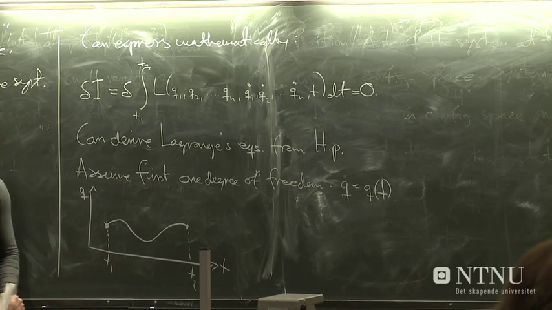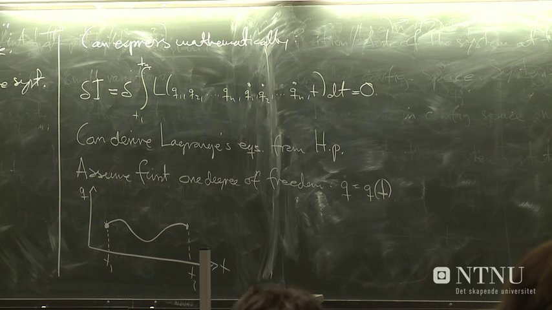Assume now that this full drawn line represents the actual path, the actual movement that the system will take from T1 to T2.